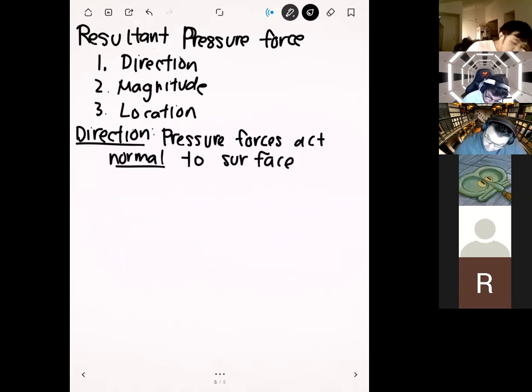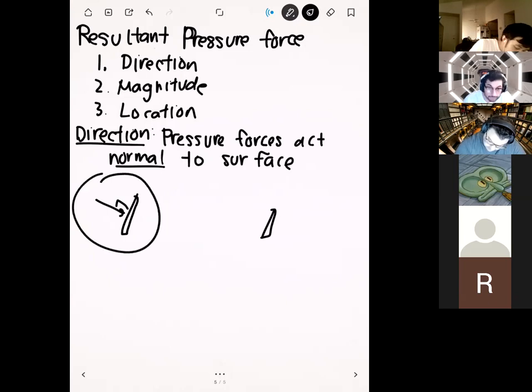If we draw the two inclined surfaces here, normal to the surface means that the force makes a 90-degree angle with the surface. A resultant pressure force will look like this, where it acts directly onto the surface. We have a 90-degree angle here. So this one is good.